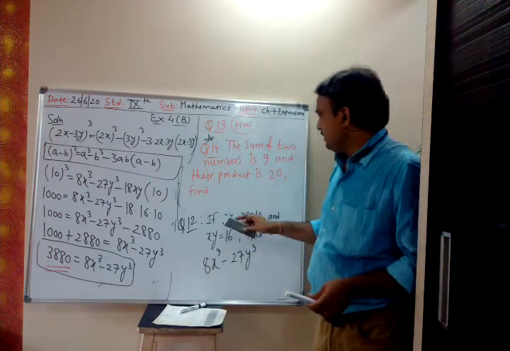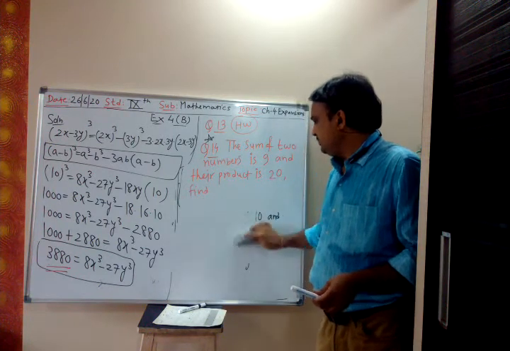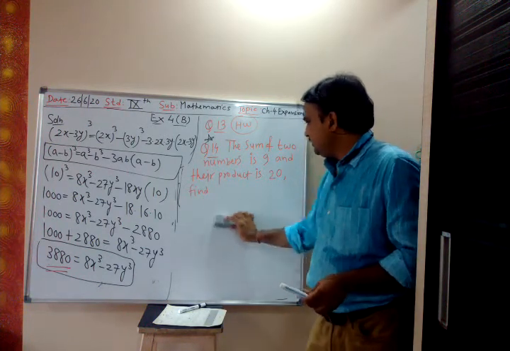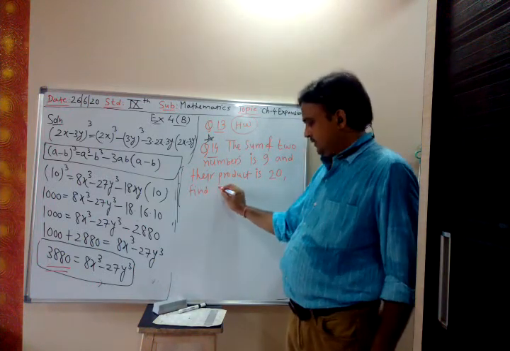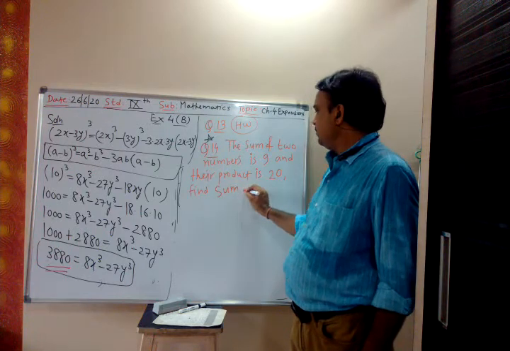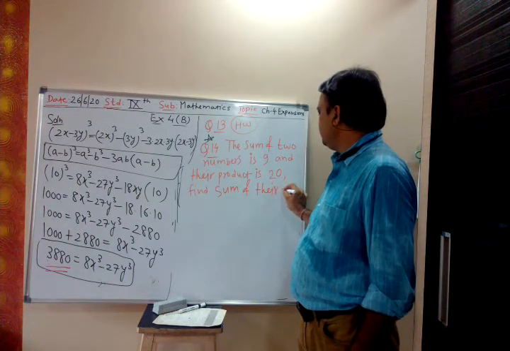The sum of two numbers is 9 and the product means multiplication. So the multiplication of both the numbers is 20. Find the sum of their squares first. Sum means plus.